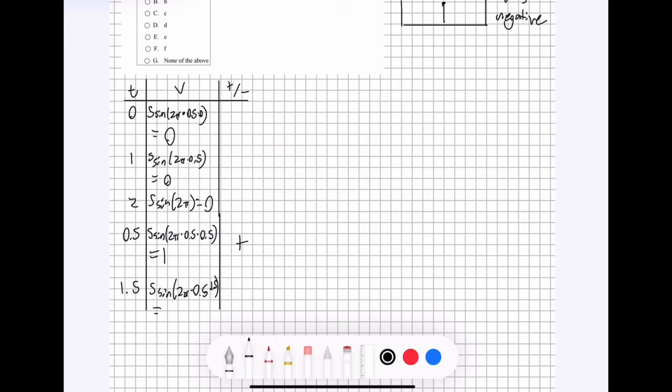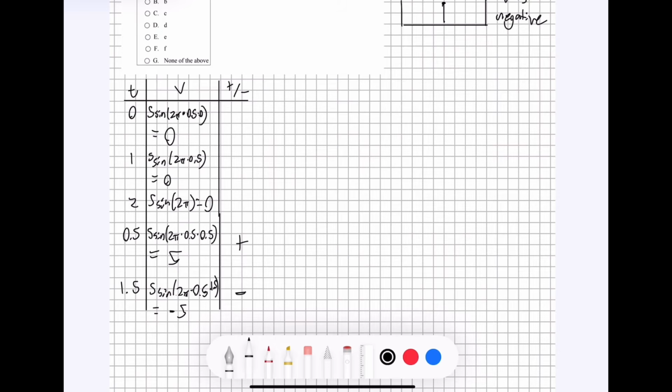And I'm sorry, I forgot to multiply this by 5 over here. So this is actually going to be equal to 5 because it's 5 sine. Anyway, multiplying 1.5 times pi inside of the sine function, and then multiplying that final answer by 5 is going to give us negative 5. And that is going to be a negative number.